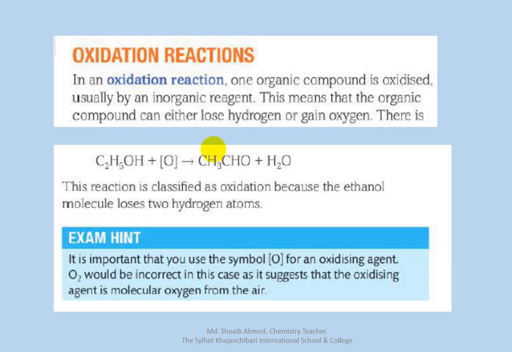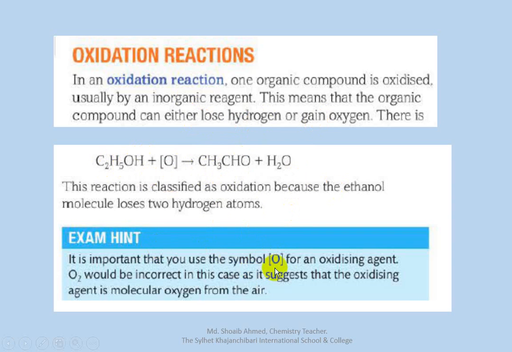Okay, there are 6 hydrogen in this compound, ethanol, and now 4 hydrogen. So loss of hydrogen occurred. Loss of hydrogen or gain of oxygen means oxidation. So this reaction is oxidation.